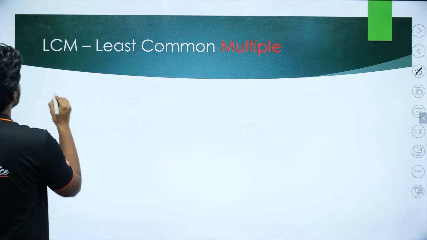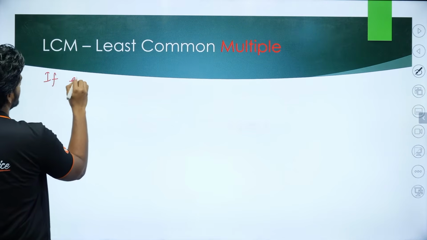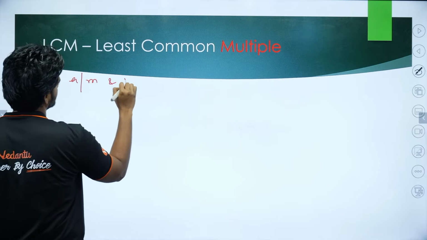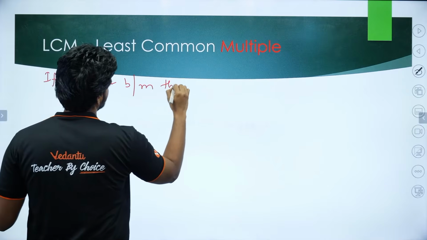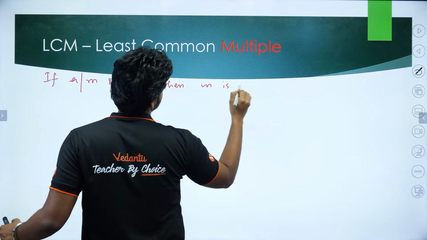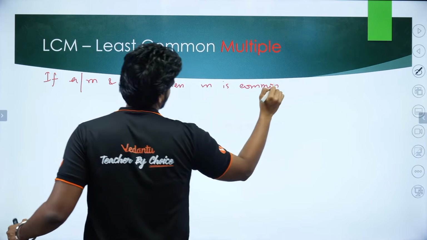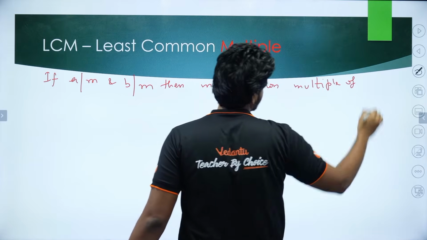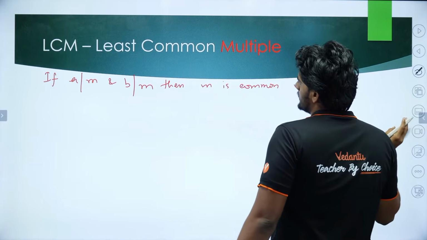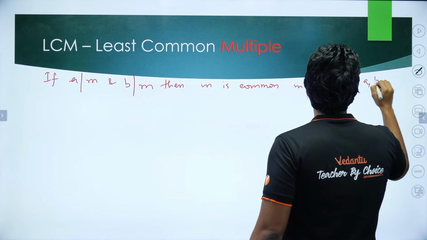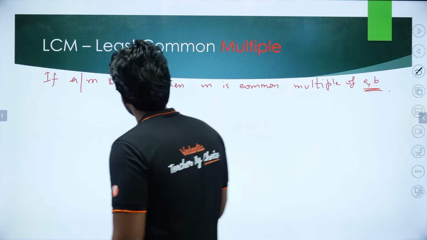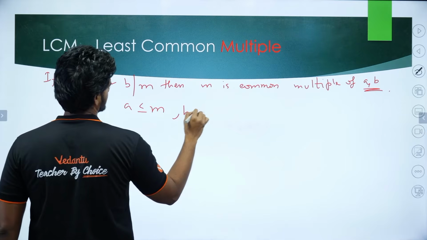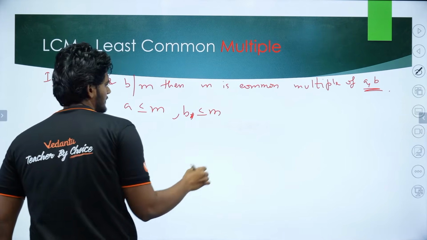Again, if A divides M and B divides M, then M is a common multiple of A and B, and A is less than or equal to M, B is less than or equal to M, right.